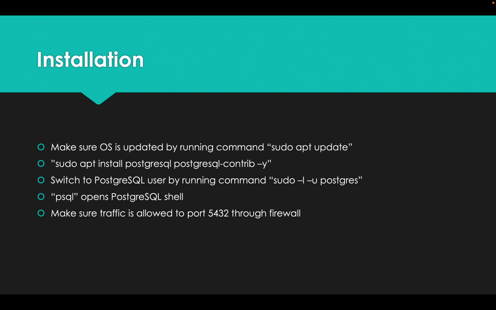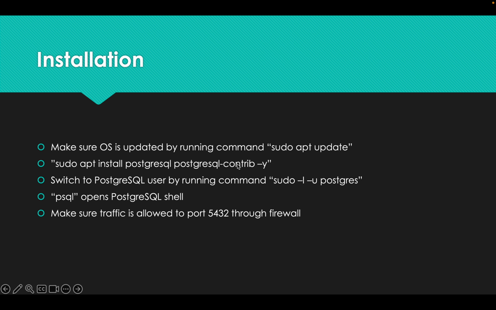To actually get PostgreSQL up and running on your operating system, you first want to open up a command shell and make sure your operating system is up to date and running. You can do this by running the command sudo apt update. Then to install PostgreSQL, you want to run this command right here: sudo apt install postgresql postgresql-contrib -y.